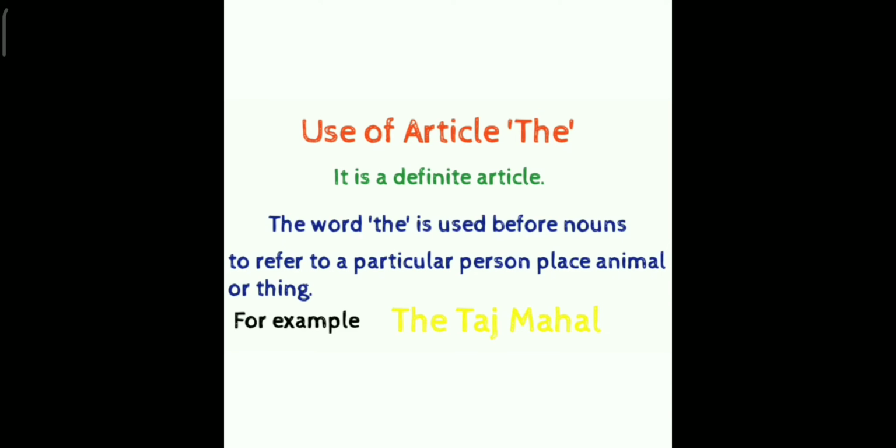The Taj Mahal is a specific monument about which we are talking. So it will take the. If we are talking about a specific thing about which we have talked before, then we will use the. If it is a specific book like the Bible, then also we will use the along with it.